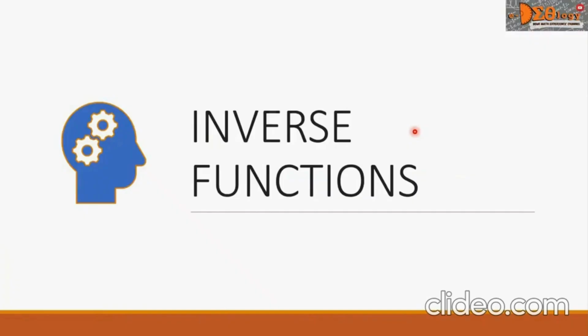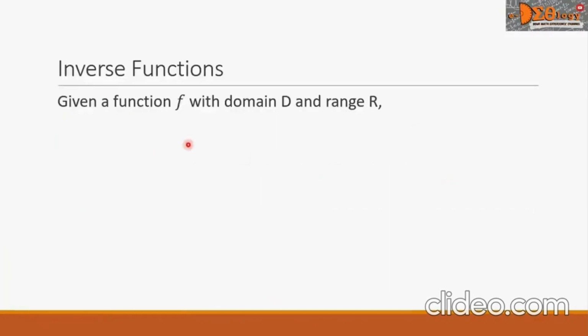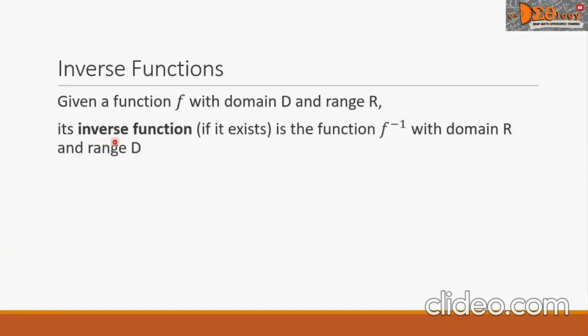Today we're going to study inverse functions. Given a function f with domain D and range R, its inverse function, if it exists, is the function f inverse. This is the notation.